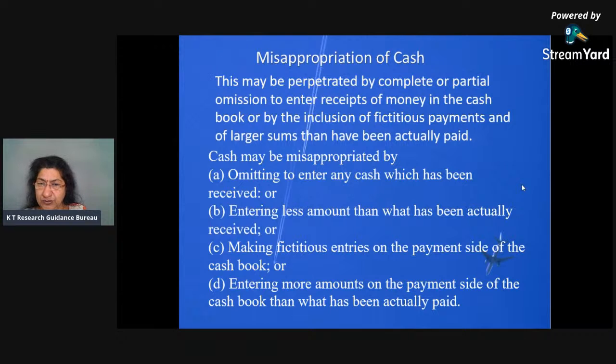So the difference between these two expenditures he can put in his pocket. So cash may be misappropriated by omitting to enter any cash which has been received. Omitted means you have not mentioned that cash receipt.